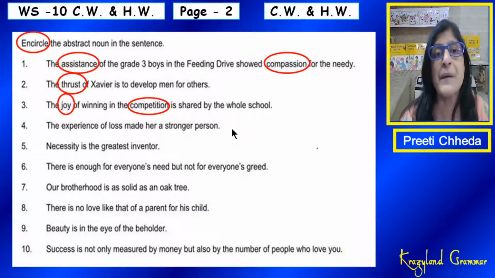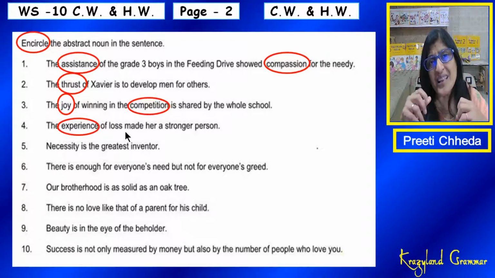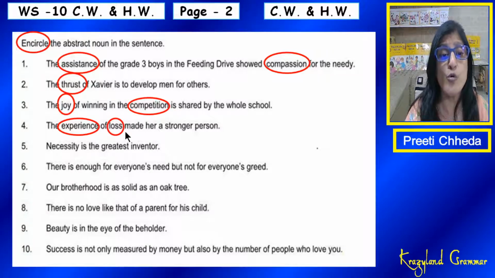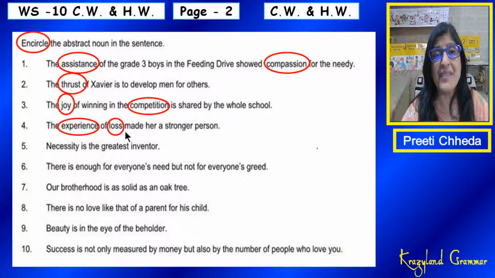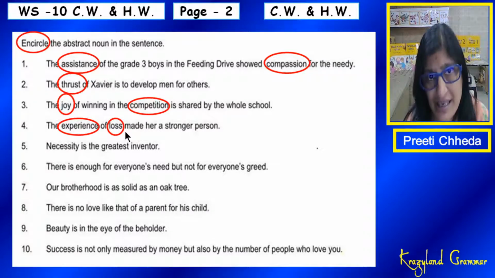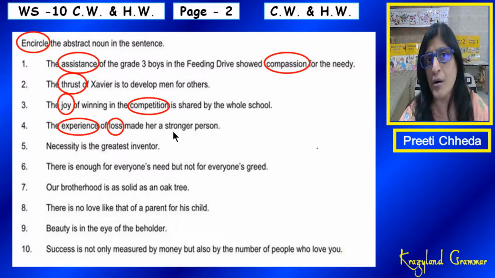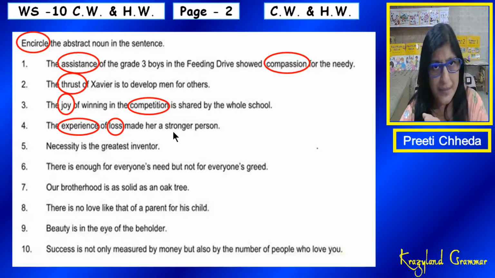No. Then experience is your abstract noun. Now, of loss. See, loss, we can just feel the loss. You cannot see it, you cannot touch it, you cannot even hear, smell, or taste it. So loss is again an abstract noun. Lose. I lose something, and that's why I got loss. So loss is an abstract noun. Clear. Made, no. Her, no. A, no. Stronger, no. Person, no.